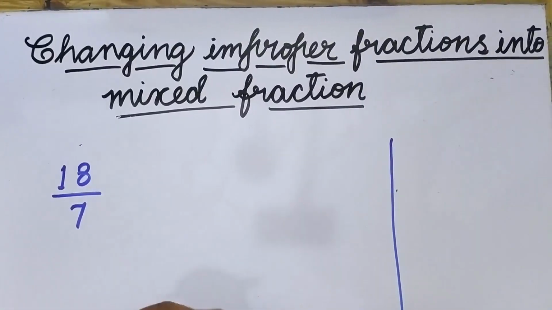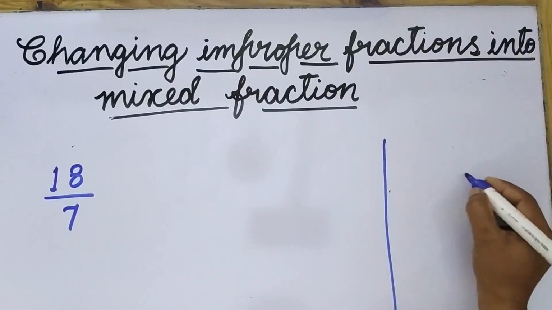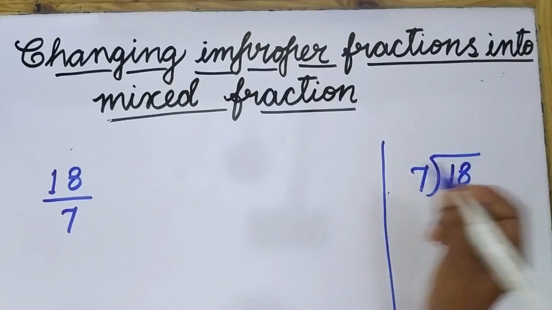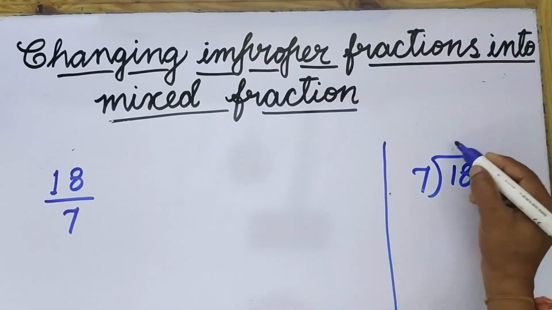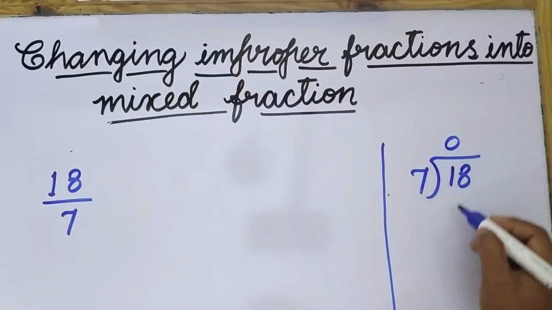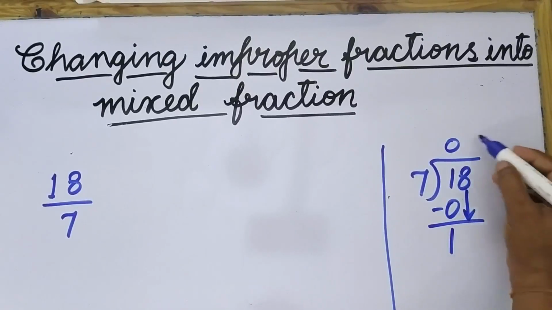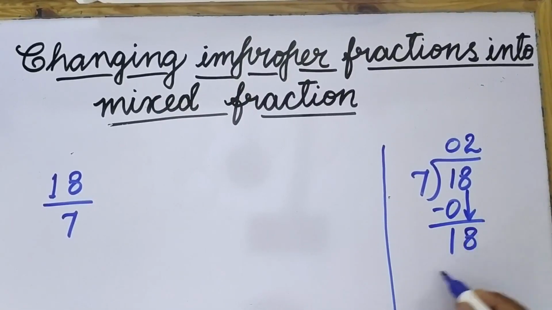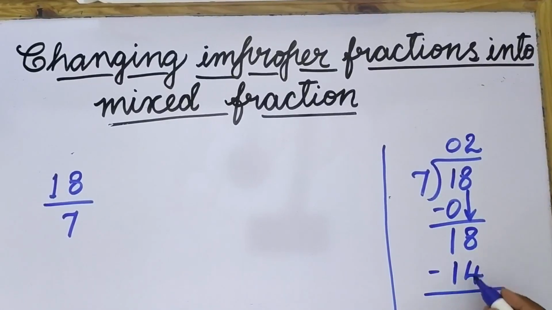Shall we do one more? 18 by 7. How to do? So, 18 should be divided by 7. That is, numerator should be divided by denominator. Then, how much do we get? 7 zeros are 0. Then 1. Take down 8. 7 2s are 14. Then after subtraction, 8 minus 4 will be 4.